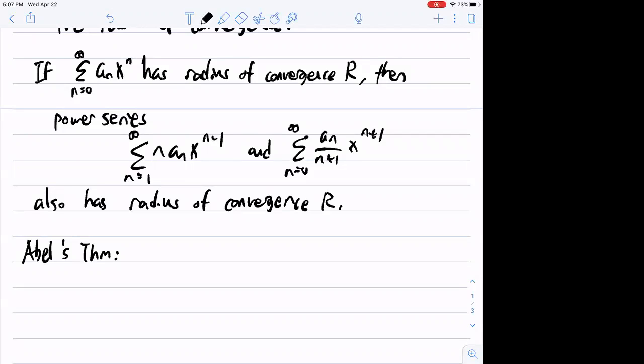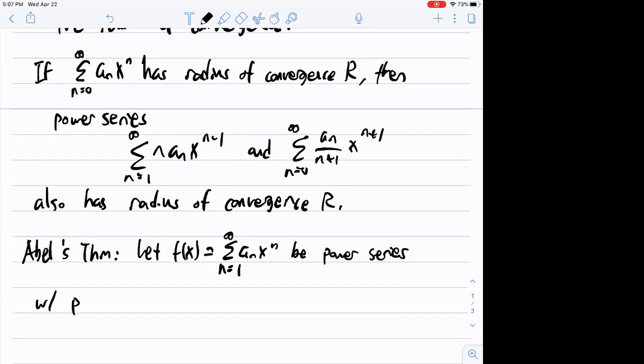So anyway, let f of x be the sum of a_n x^n, n equals 1 to infinity, be a power series with positive, finite radius of convergence R. In other words, R is not 0, R is not infinity.